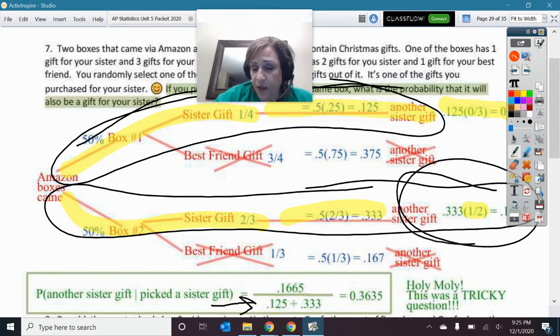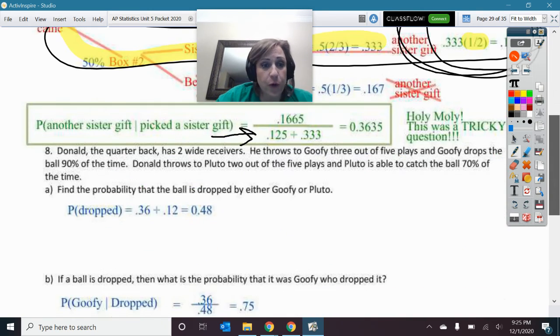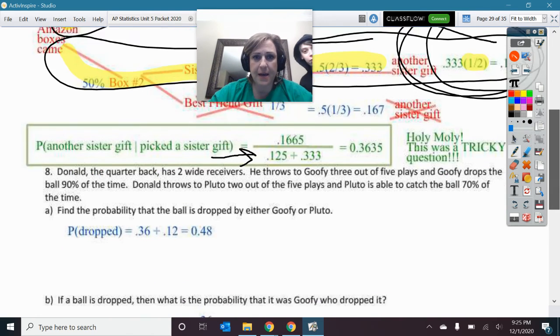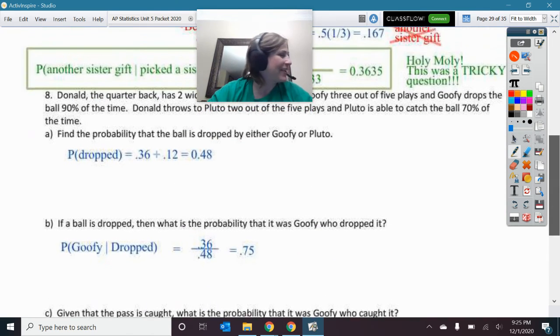Well, this is the only way you can get another gift for your sister. This is not a way. So therefore, it's that 0.1665 over that total. So there's how we have that. That was very tricky. Took me a while to figure that one out.